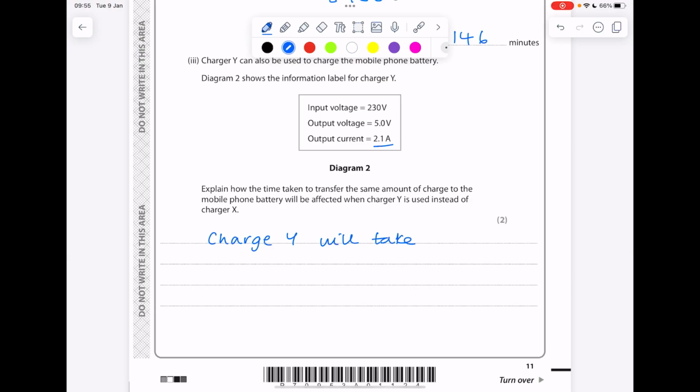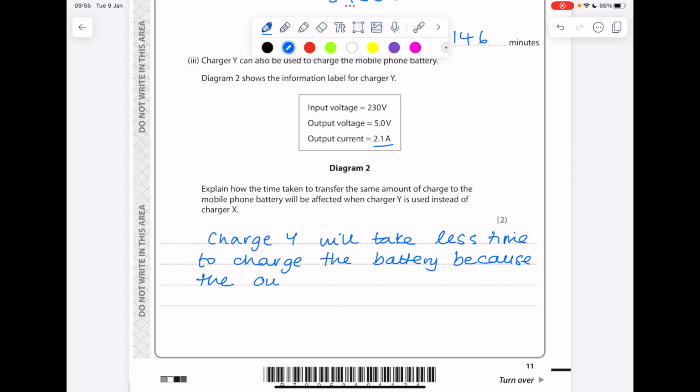So charger Y will take less time to charge the battery because the output current is greater.